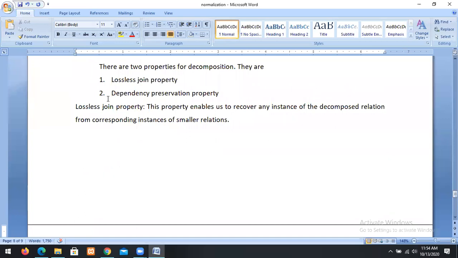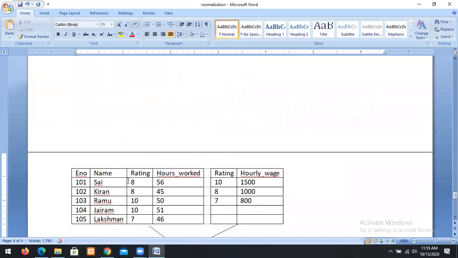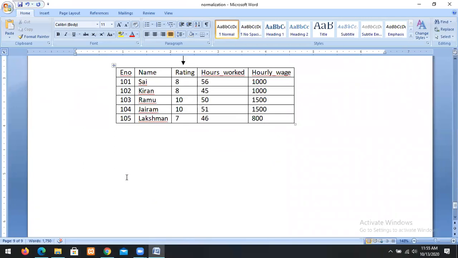Another property is the dependency preservation property. So what is the dependency preservation property?